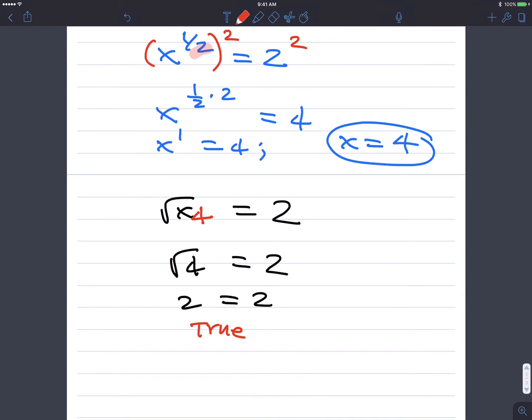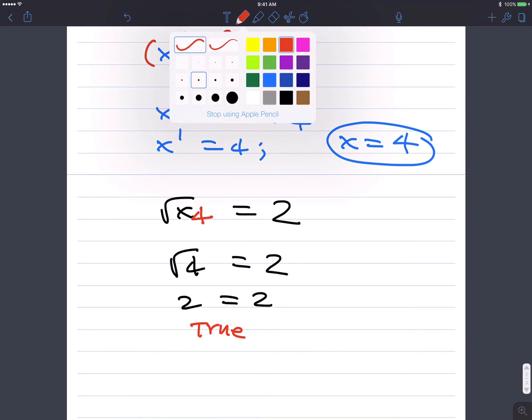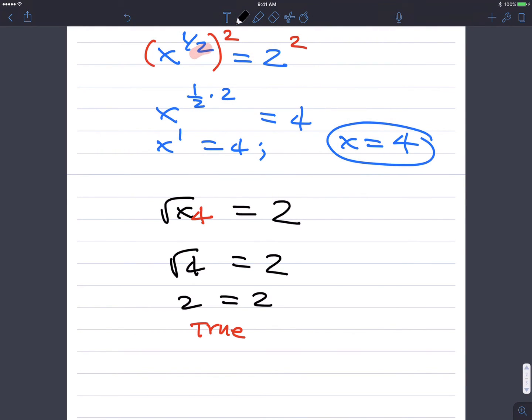And so we know that x is 4 is a solution to this radical equation, and it's the one solution here. In the back of the book, you might see just 4 as an answer, at least in solution set notation. So that's what we're going to be doing today.